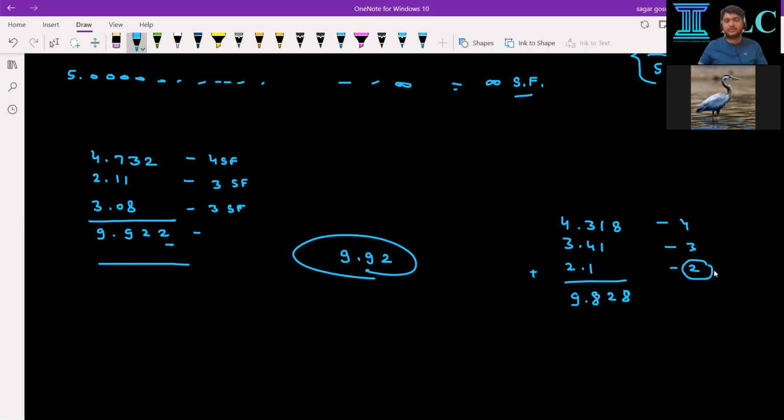So I have to take two significant figures in the answer, right? So in my answer, I will consider only 9.8. I will not take the 28. Got it?